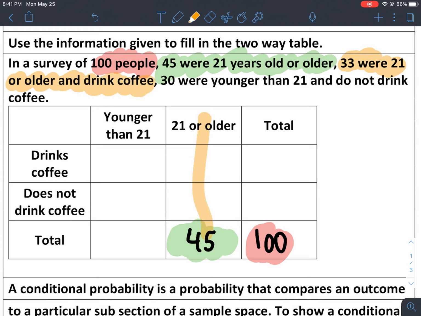So how I read this table is it has to be in the 21 or older section, and it has to be in the drink coffee section. So I look for where those overlap, which is right here. So this is the section where they are 21 or older and drink coffee. So 33 go there, apparently.